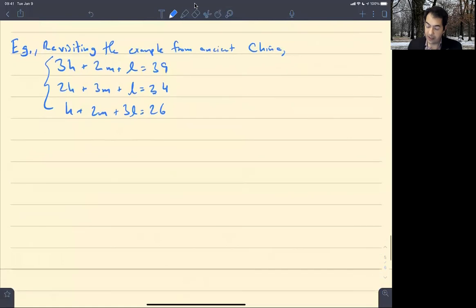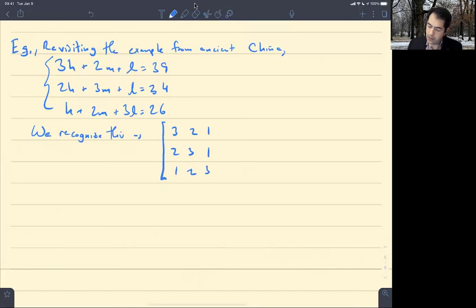Notice now, we can recognize this. Let's take the coefficient matrix, 3, 2, 1, 2, 3, 1, 1, 2, 3, and the vector h, m, l. If you do this row times this column, you get exactly this left-hand side.